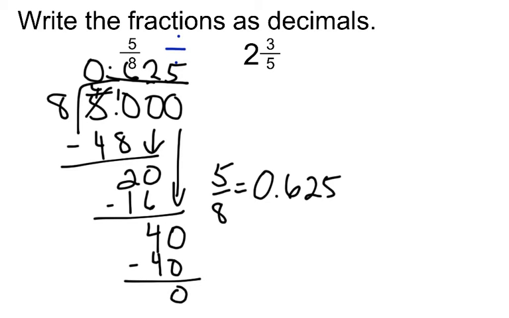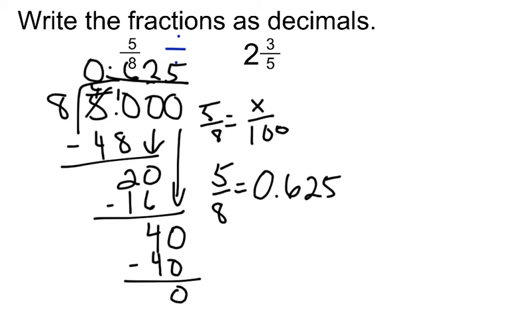Now looking at 2 3/5. So that's using division. Another way of doing it is to convert it to a percent. So you could say that 5/8 is a quantity over 100, then use cross products and then move the decimal.